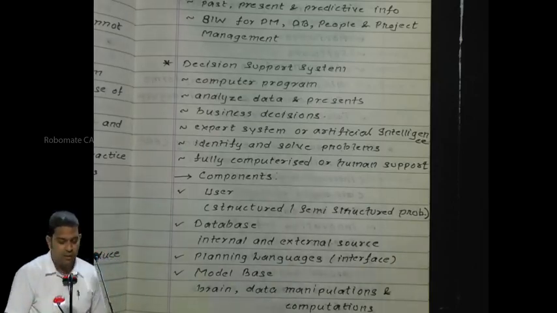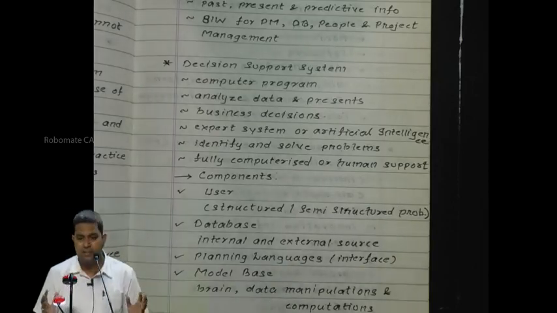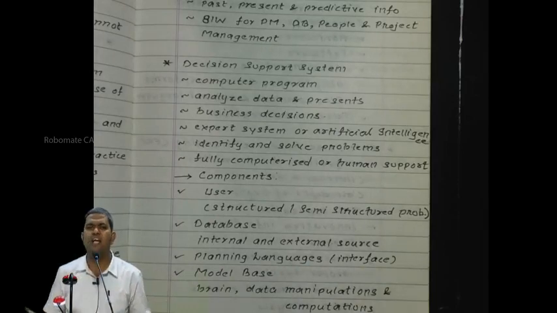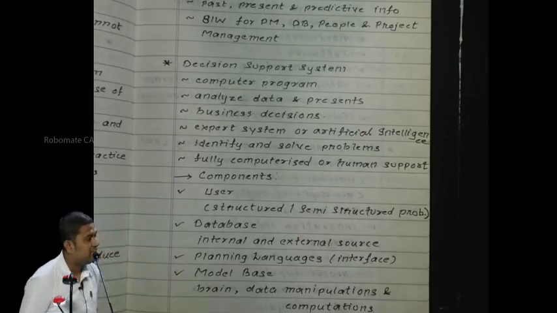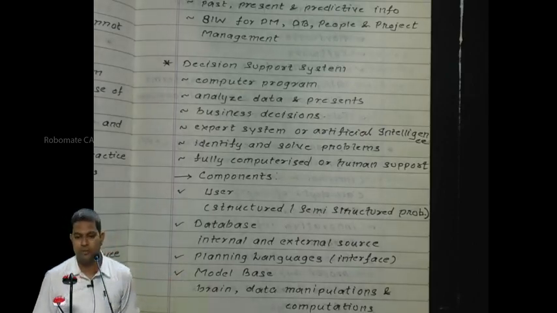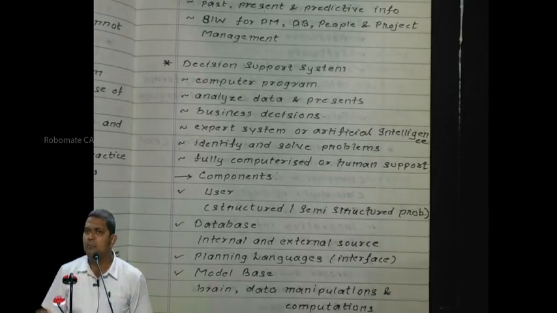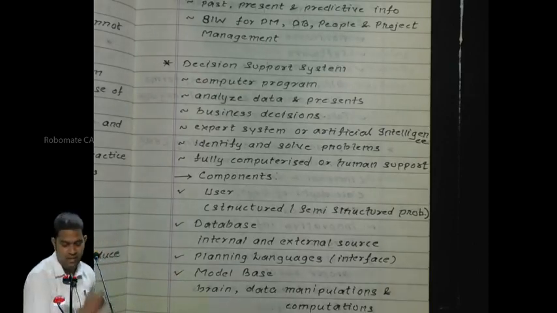Then this system will have a database. It is nothing but the data from internal and external sources which will help to solve a problem. You will have a planning language. Now all these people are not computer experts, so they need a simple, easy to use interface so that they can communicate with the system.